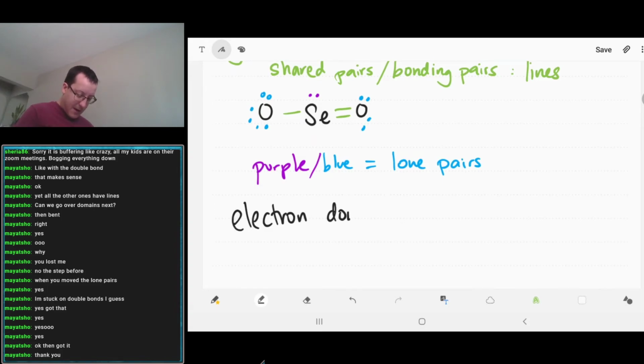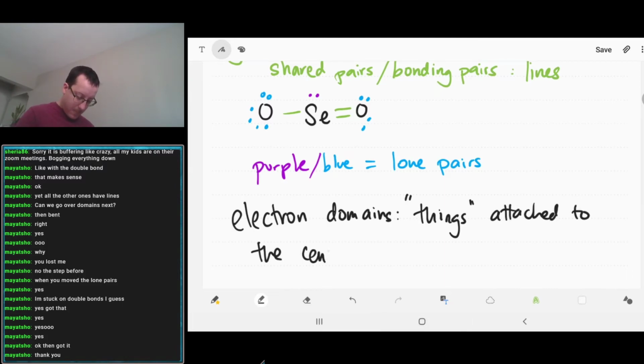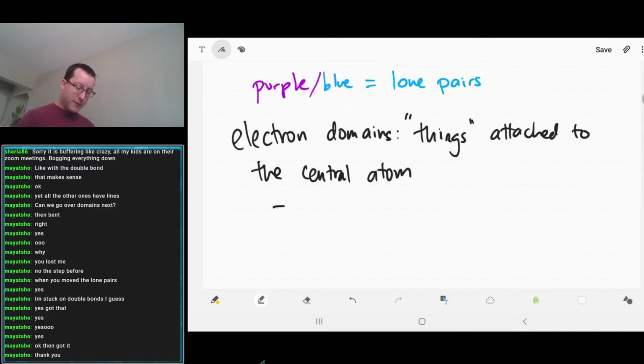Electron domains are just things attached to the central atom, and they could be one of two things: an atom or a lone pair. Those are the two options for things that we could have stuck on our atom.